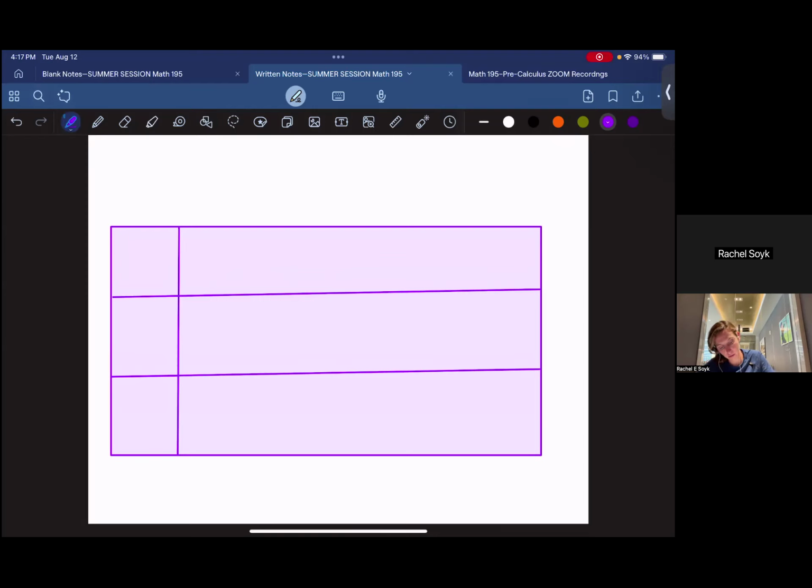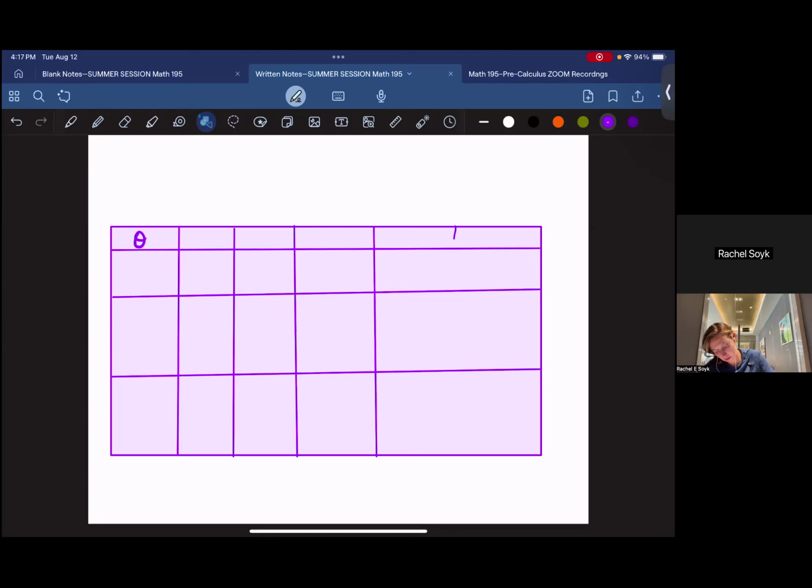I should have put in maybe one more. You know what I'll do? I'll just draw a little line at the top. Okay, so our thetas, 0, 30, 45, 60, 90. We're looking at sine of theta, cosine of theta, and our tangent of theta.